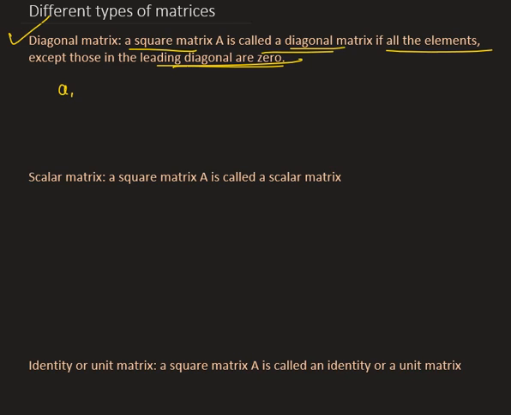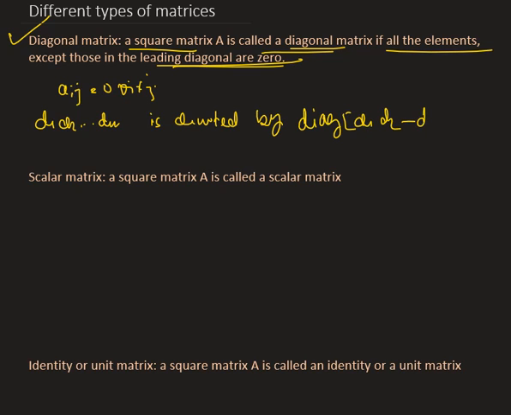Therefore, we can say that Aij equals 0 for all i not equal to j, where Aij is the ijth element of matrix A. And a diagonal matrix of order n cross n having d1, d2, dn as the diagonal elements is denoted by diag(d1, d2, dn).